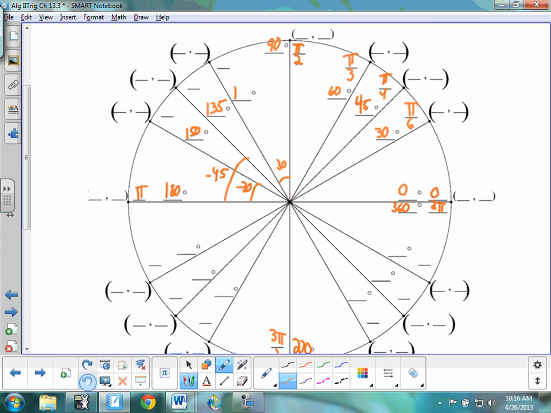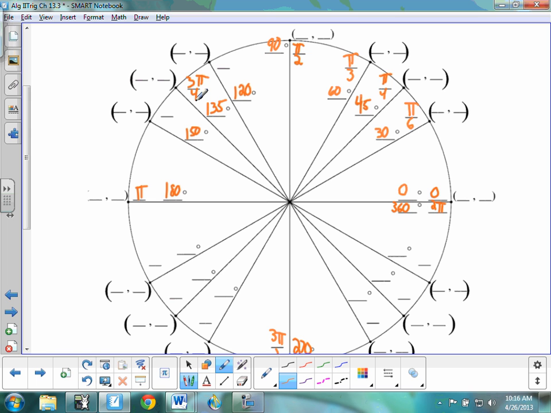Find these radian measures. Which one's 3 pi over 4? How'd you do those ones? Now you kind of start counting.